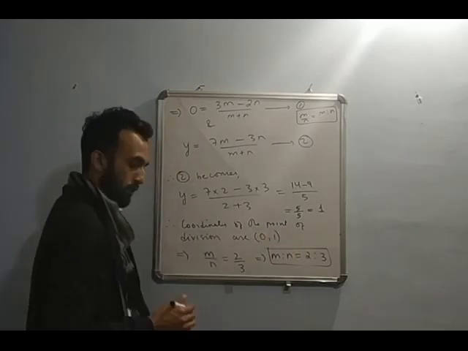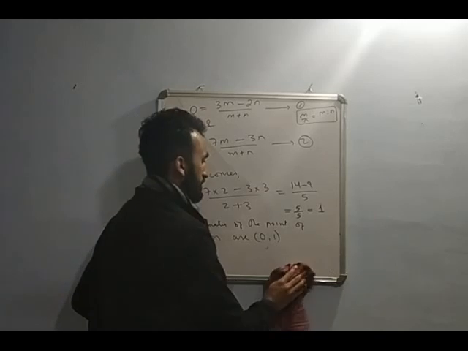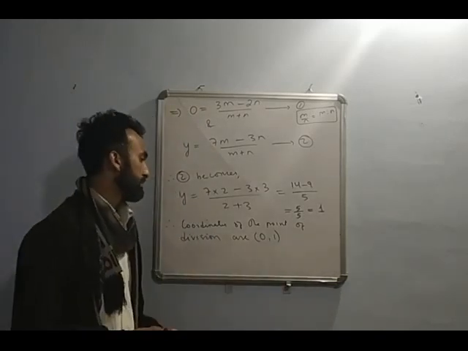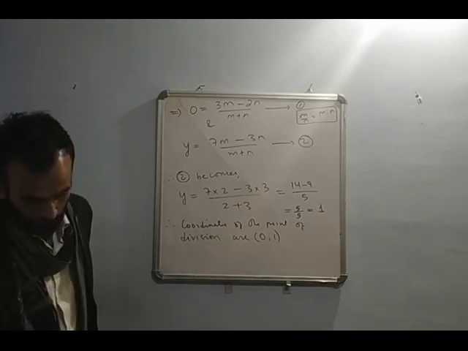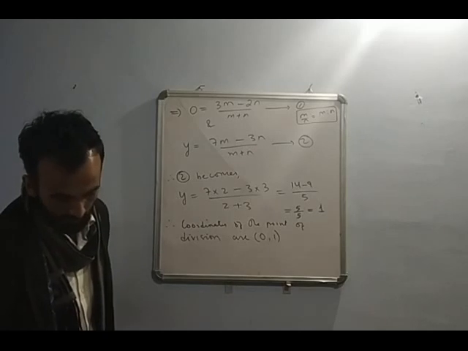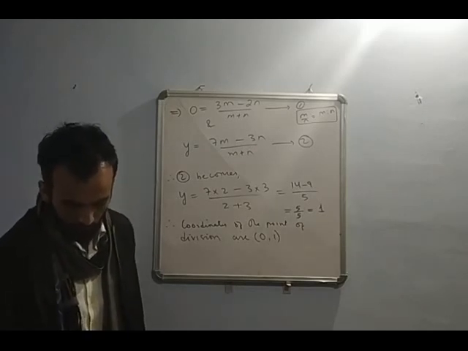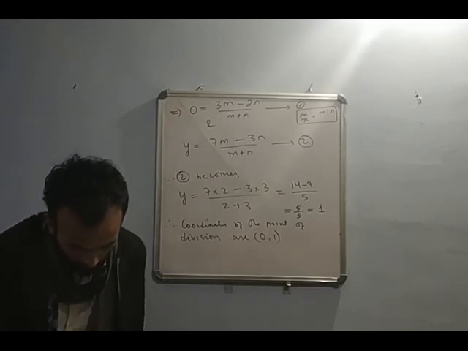Remember (0, y). The y value is 1. So (0, 1). The coordinates of the point of division are (0, 1). I hope things are clear. Now question number 8 is done.